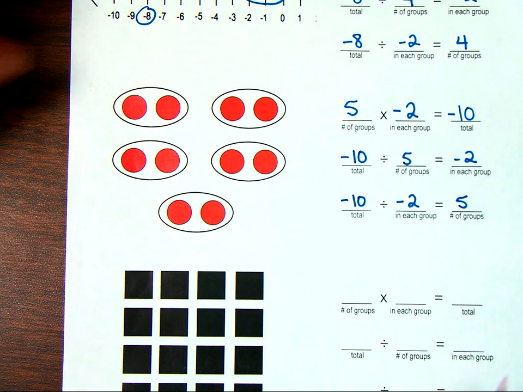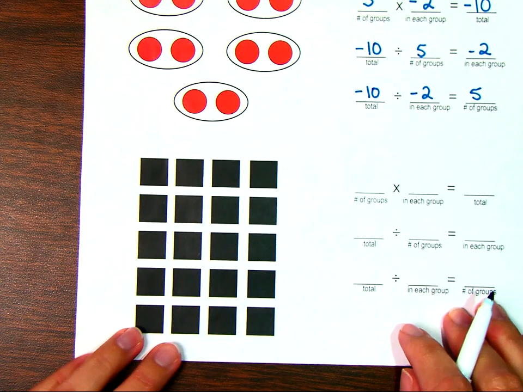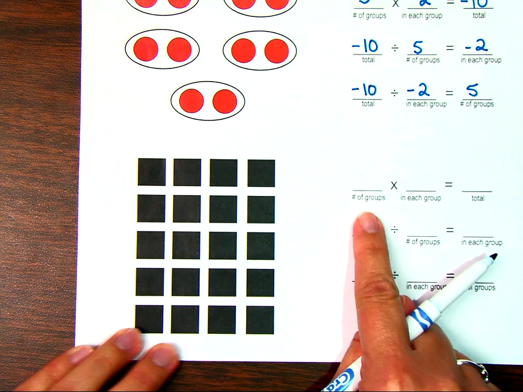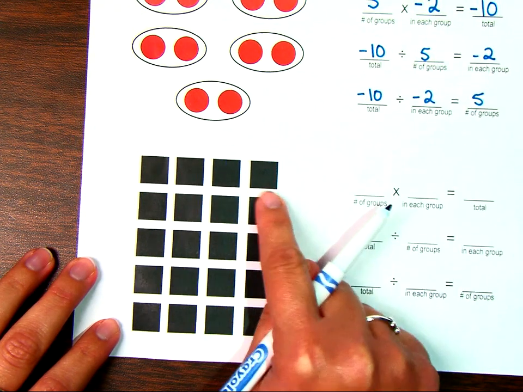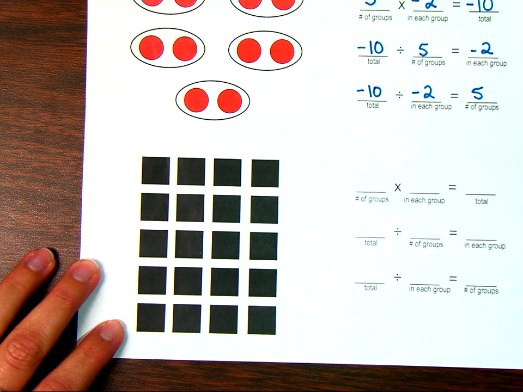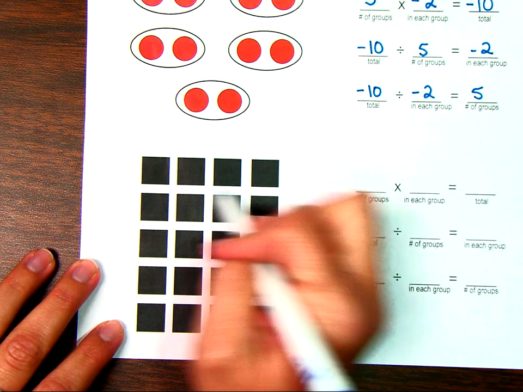All right, let's look at this last picture, and then I'm going to show you guys how we can do these skill problems. So how many groups are there? Well, depending on if you want to do with rows or with columns, depends on how you want to interpret. But normally, we're going to have it like horizontally.